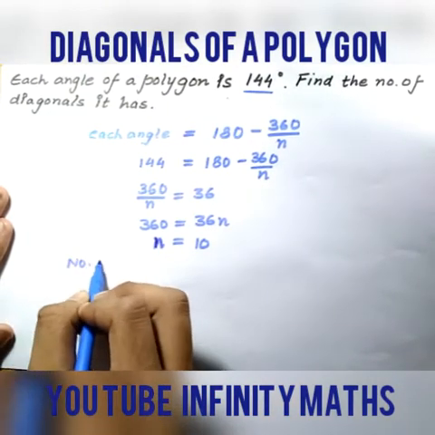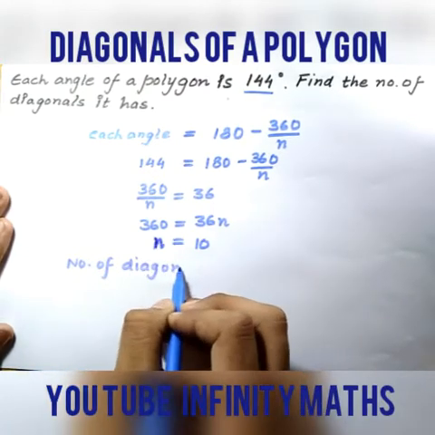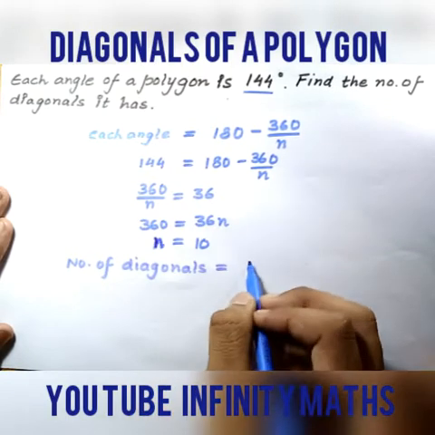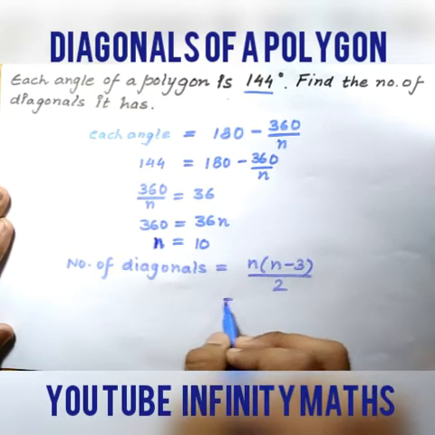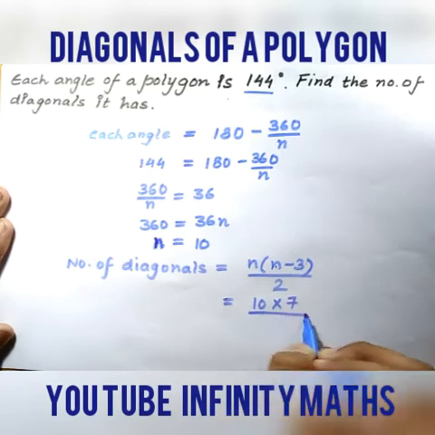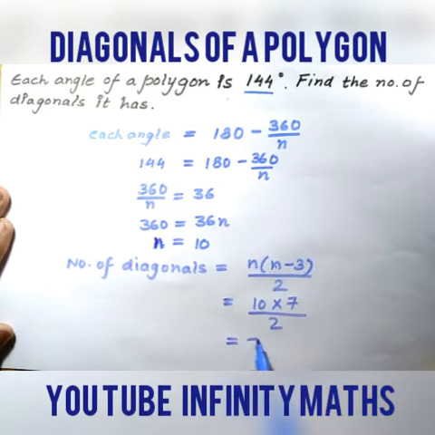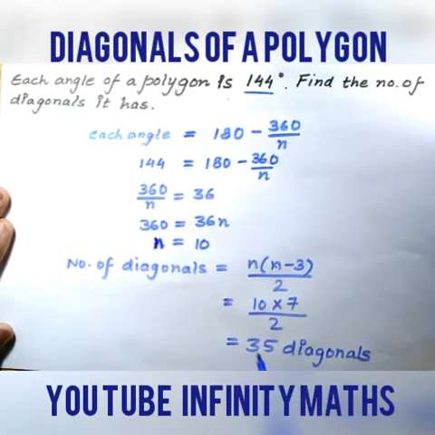So number of diagonals equals n into n minus 3 upon 2, 10 into 10 minus 3, 7 upon 2 equals 35 diagonals. We were asked about the number of diagonals it has, so our answer is 35 diagonals.